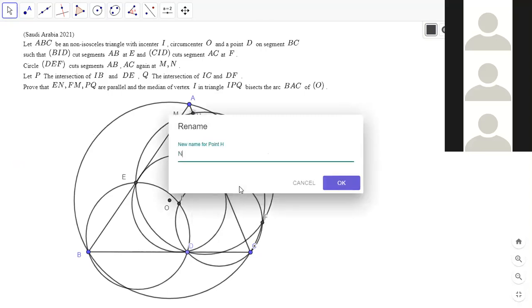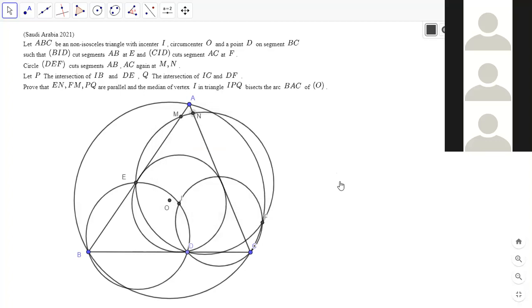I have seen this problem before. Oh, really? But this wasn't from the Saudi Arabia. I mean, it probably was, but I saw the first part of this problem in the Junior Balkan Math Olympiad shortlist. Oh, really?